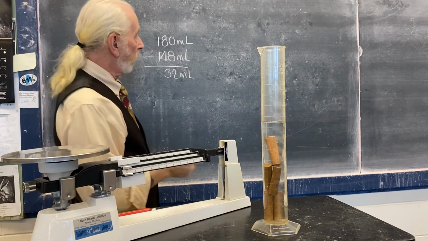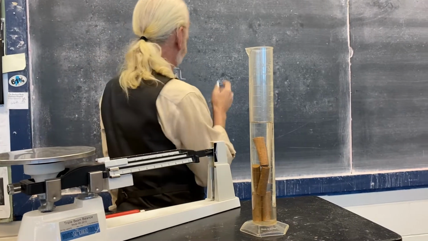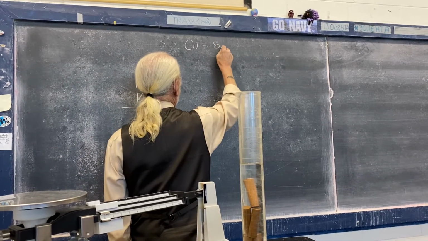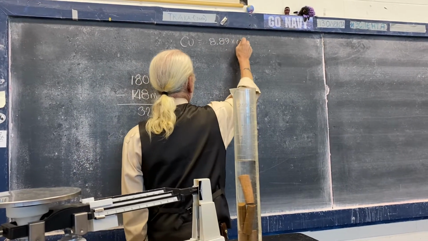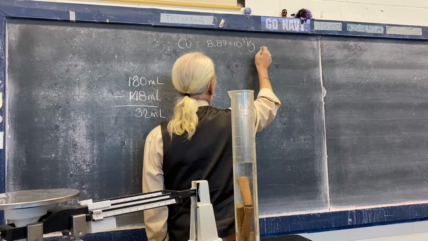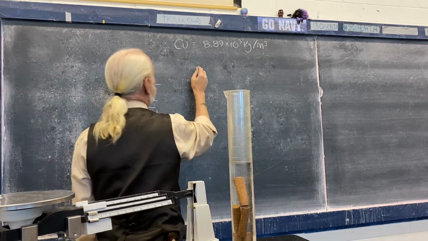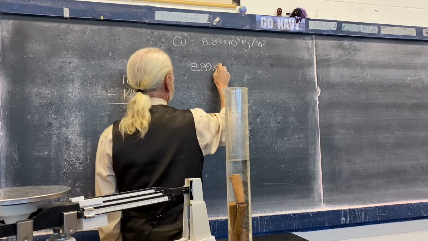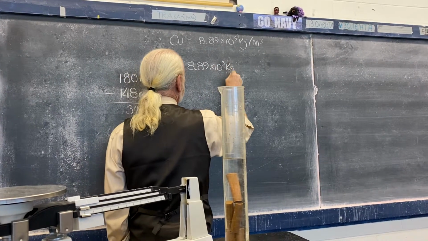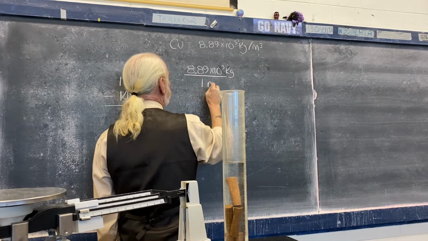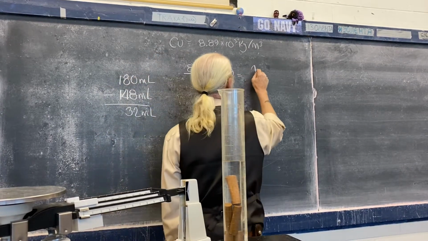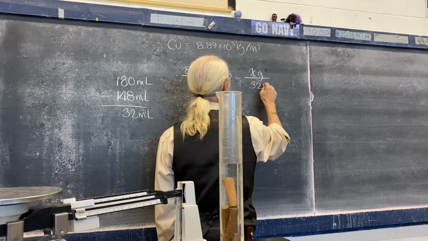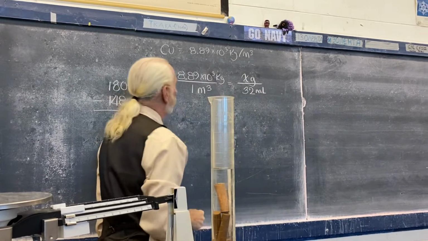All right, so now I'll set up an equivalence with the known mass density of copper. There's my basic setup.